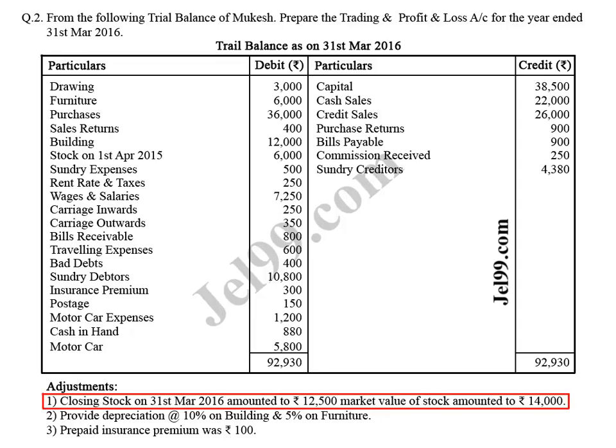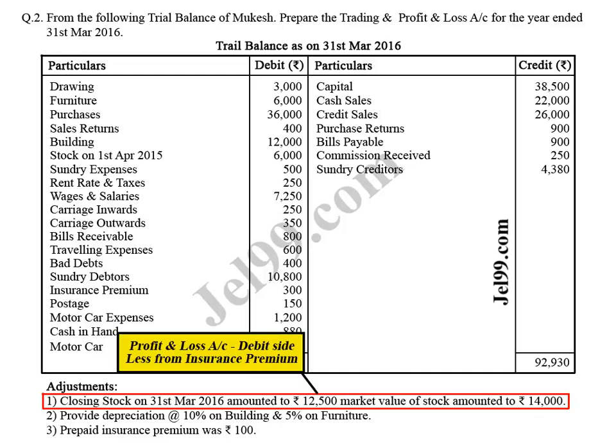Number 1. Closing stock on 31st March 2016 amounted to rupees 12,500. Market value of stock amounted to rupees 14,000. Every adjustment has two effects. Therefore, its first effect is shown in trading account, credit side, and the second effect is shown in balance sheet, assets side.